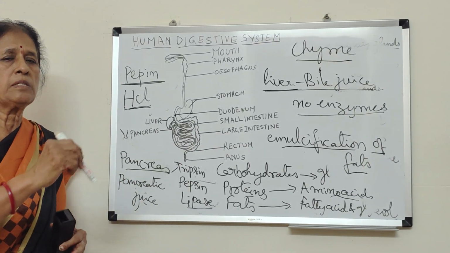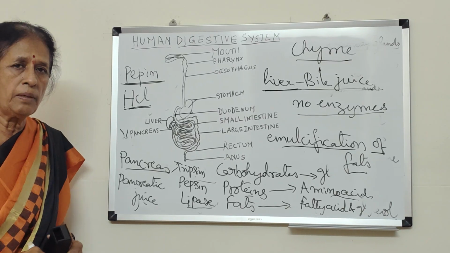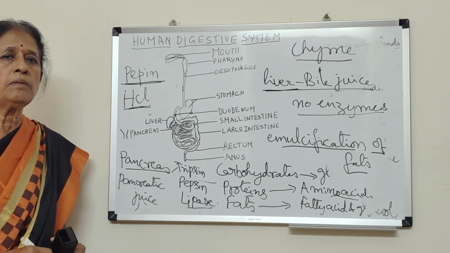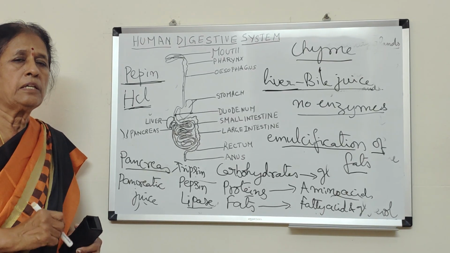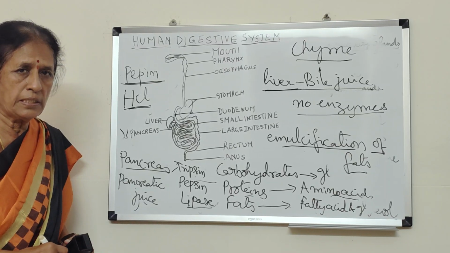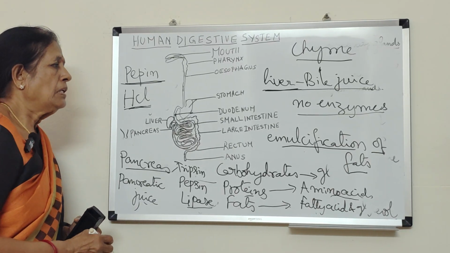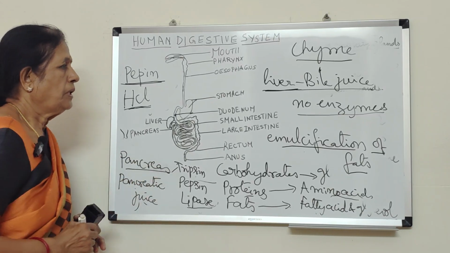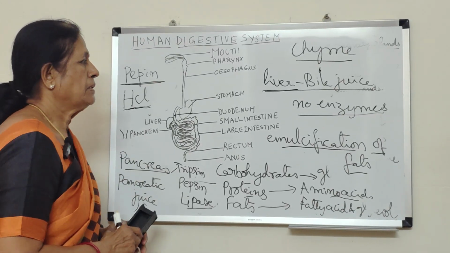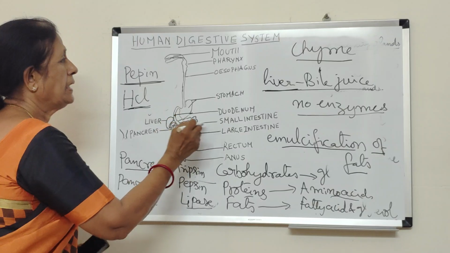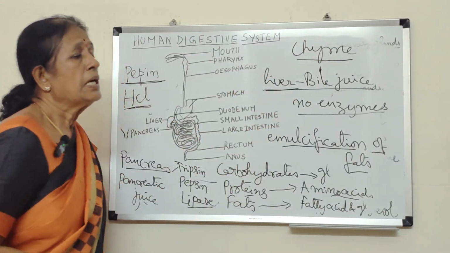The first part of the intestine is called the duodenum. The second part is the small intestine, and the third part is the large intestine, which continues as the rectum. First, the duodenum. What happens in the duodenum? The partially digested food in the stomach is called chyme.